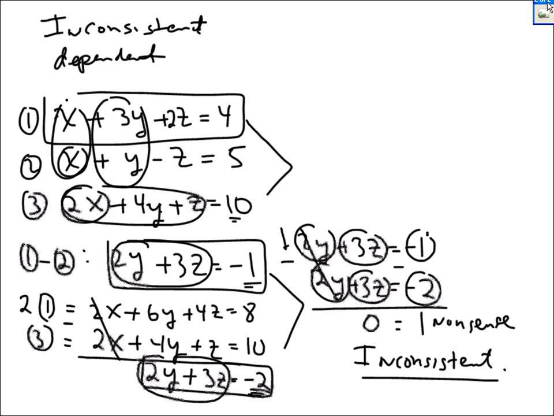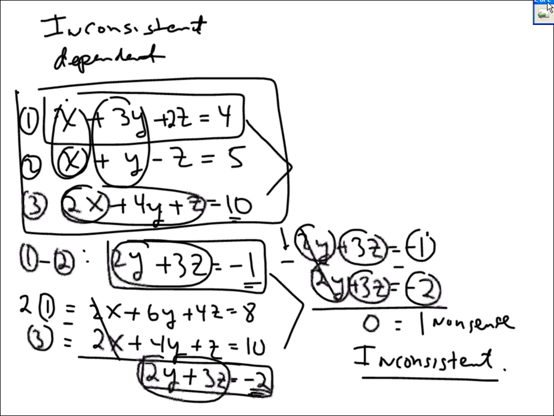The system of equations that we were initially given, 3 equations, 3 unknowns, is said to be inconsistent. Whenever you get one number equals another number and it's not true, then it's inconsistent. But on the other hand, if we got 0 equals 0, then it would be dependent.